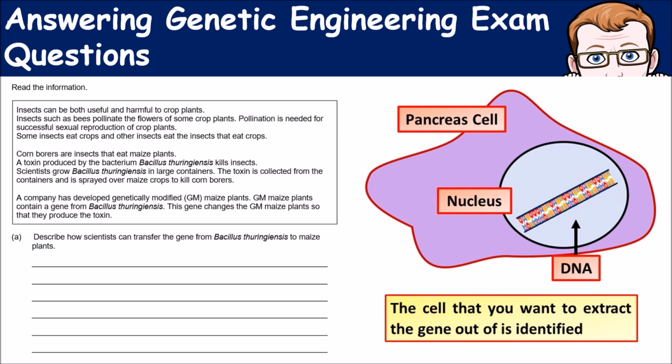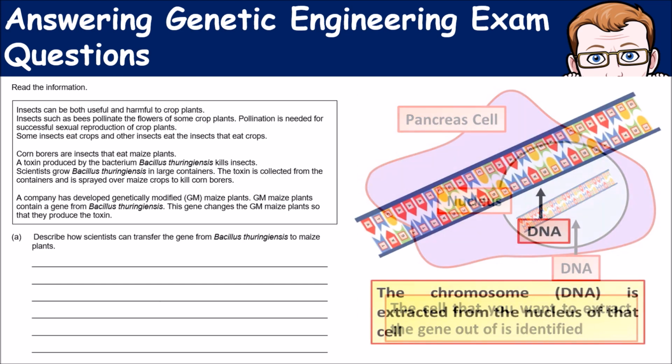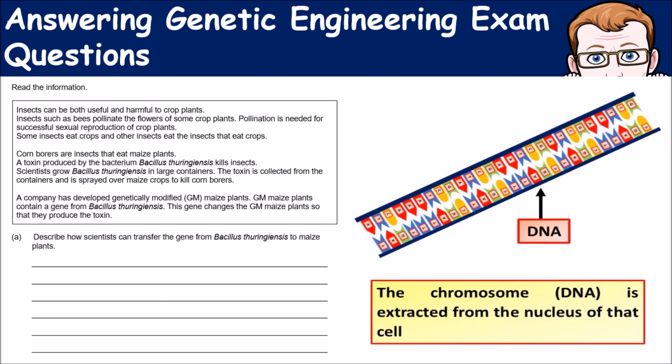It's really important that before even thinking about the information it asks you, you run through in your own head the process of how genetic engineering happens. The first thing we do is identify the gene that we're going to be cutting out. We then extract the DNA, so the chromosome, from that particular nucleus of the cell.